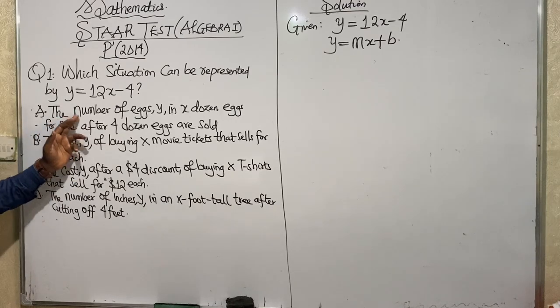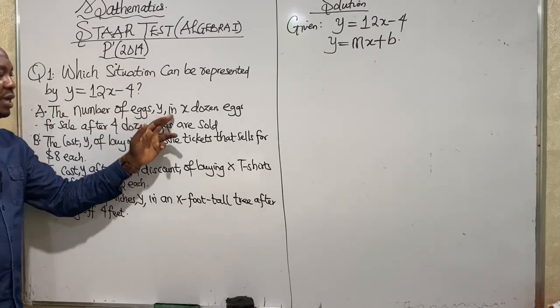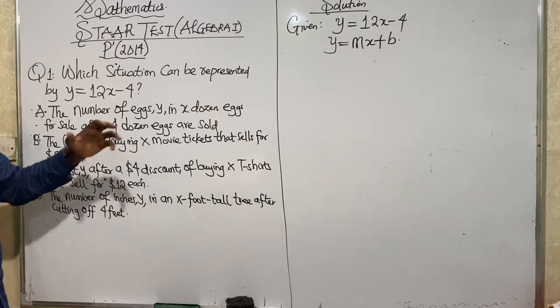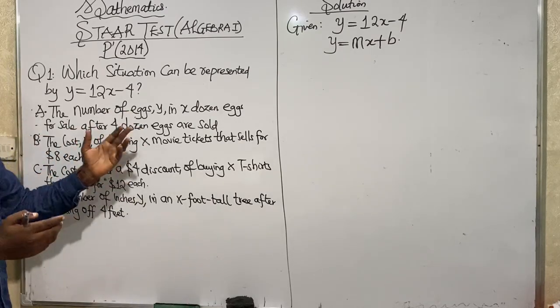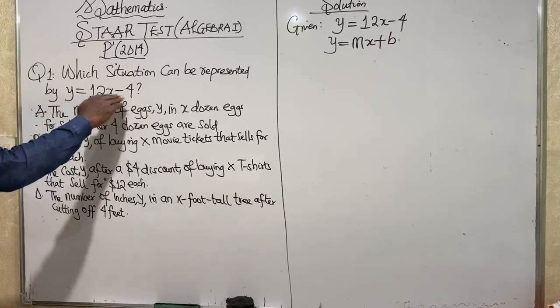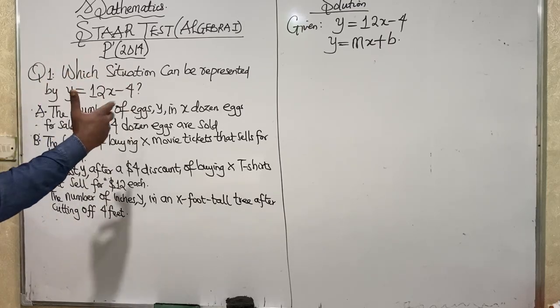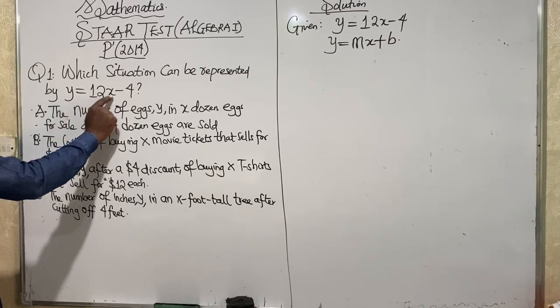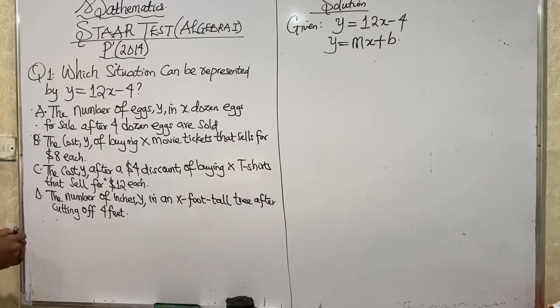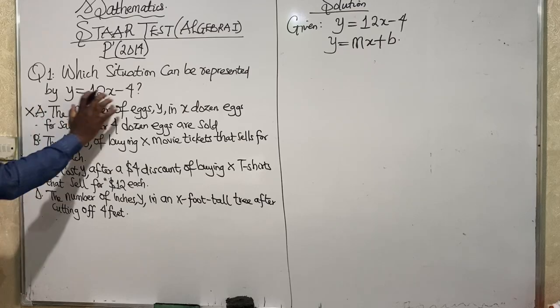Because when we have the number of xy in x, it simply means we're going to have a rational expression, more like a fraction. And what we have here is not a rational expression. What we have is y equals 12x minus 4. So this does not explain the model.